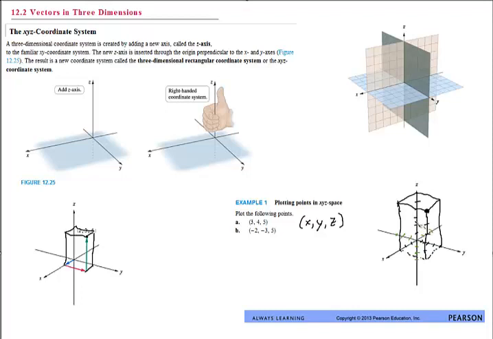So I'm sitting here right now, but I need to go up 5. So going up 1, 2, 3, 4, 5. Point would be out in here somewhere.